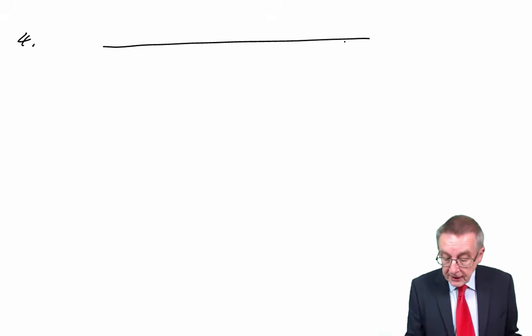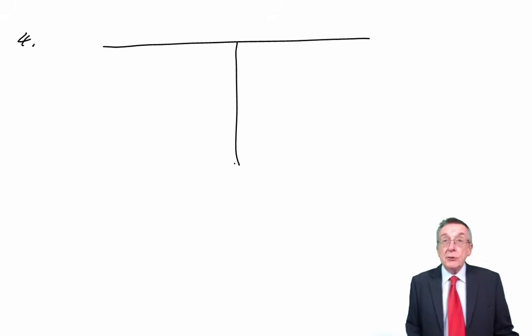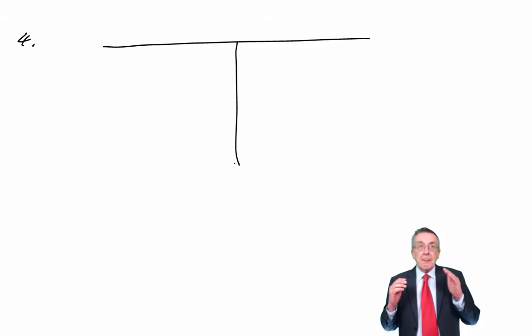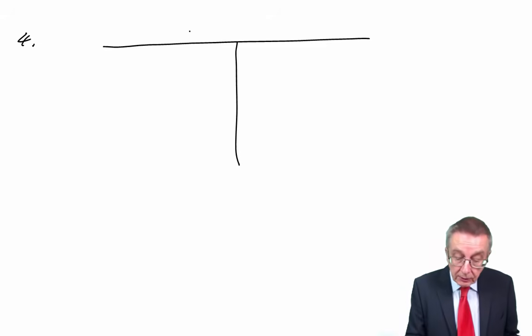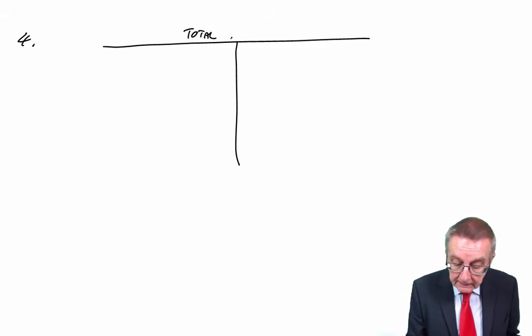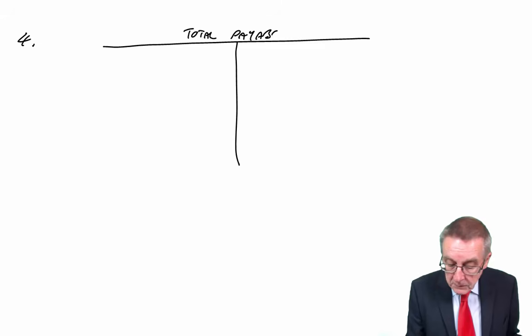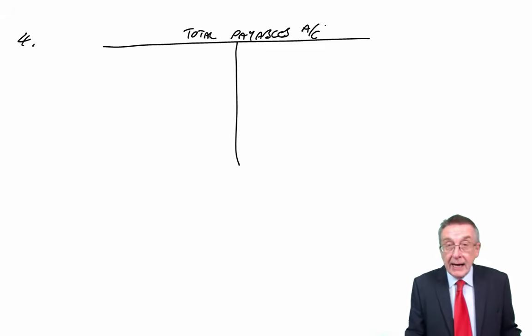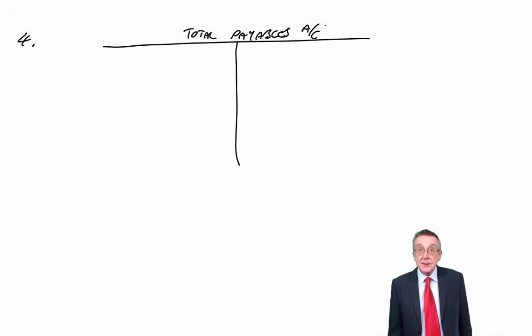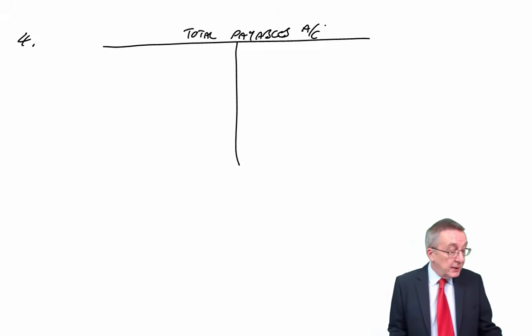And the best approach of this sort, as soon as you realise what we're after, is to write up a payables ledger control account or a total payables account. Remember, I said earlier, how you do your workings is your choice. Nobody will look at it, but I think for this one, this is the quickest.